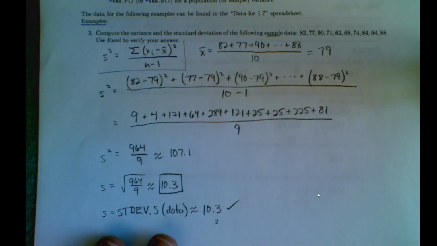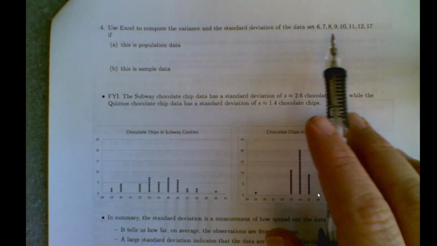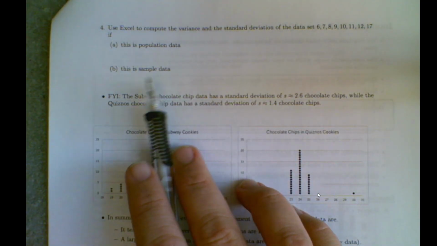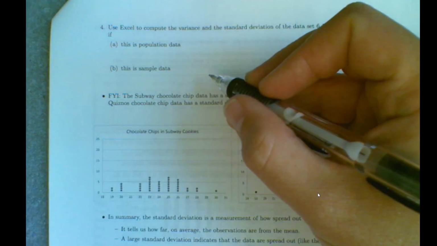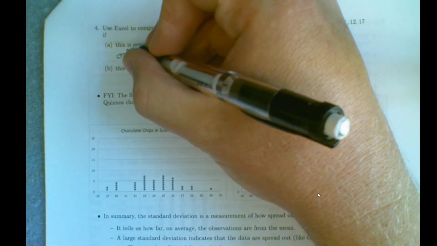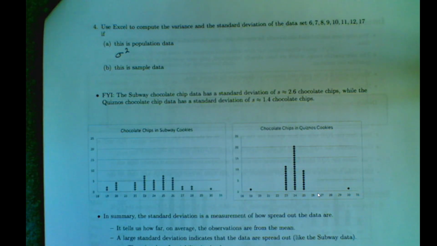Okay. Let's do another one in Excel. This one says, use Excel to compute the variance and the standard deviation of the data set if we assume that this data set is population data in part A, and then again if we assume that this is sample data in part B. As for the variance, if it's population data, then the symbol we would use is sigma squared, for the population variance.